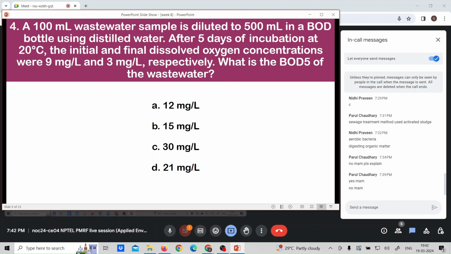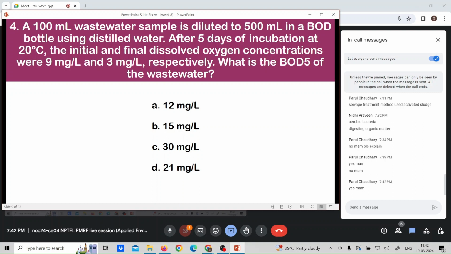It is the amount of dissolved oxygen that is needed for a complete breakdown of organic matter in the wastewater by microorganisms. Is it clear to everyone else what a BOD is? BOD is biochemical oxygen demand, which means how much oxygen is required for complete oxidation of the organic matter using the biochemical route, that is by using microorganisms.